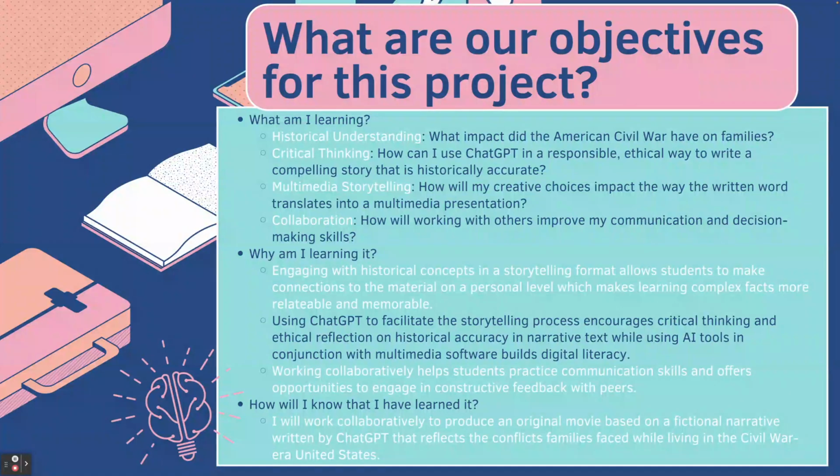Using AI or artificial intelligence tools like ChatGPT with multimedia software like iMovie is also going to help build our digital literacy. And finally, when you do work with others, it helps you practice your communication skills, and it's going to give you the opportunity to engage in constructive feedback with your classmates. So, what we create at the end, we're going to share with each other, and then we're all going to provide feedback to each other.